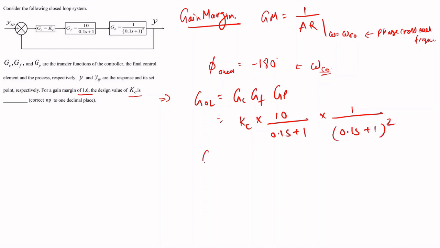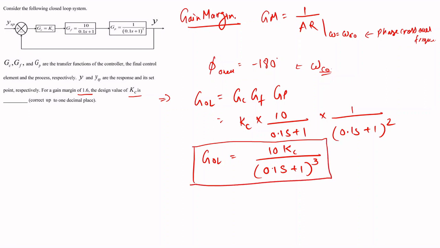We can simplify the open loop transfer function as 10 Kc upon (0.1 S plus 1) whole cube. Now, given this open loop transfer function, we have to find the phase lag, that is phi, and equate it to minus 180 degrees to find this crossover frequency.